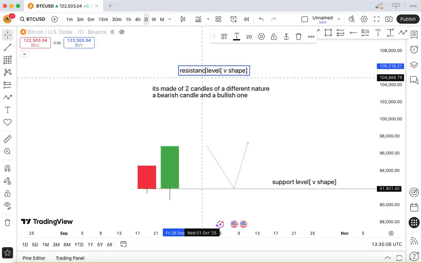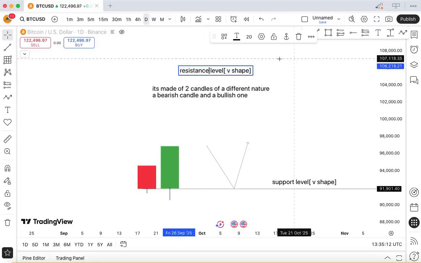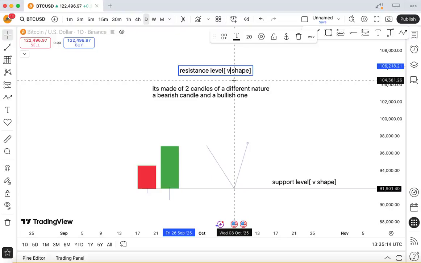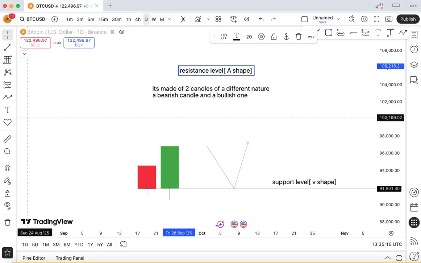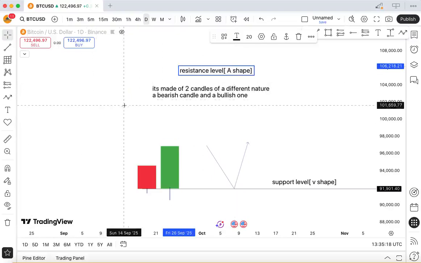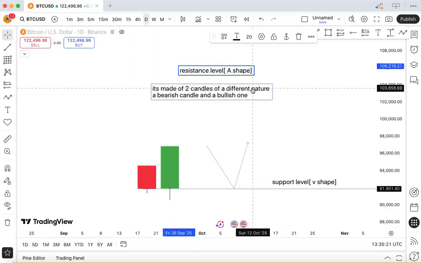Resistance level, and we can call this the A shape. And it is also made of two candles of a different nature.